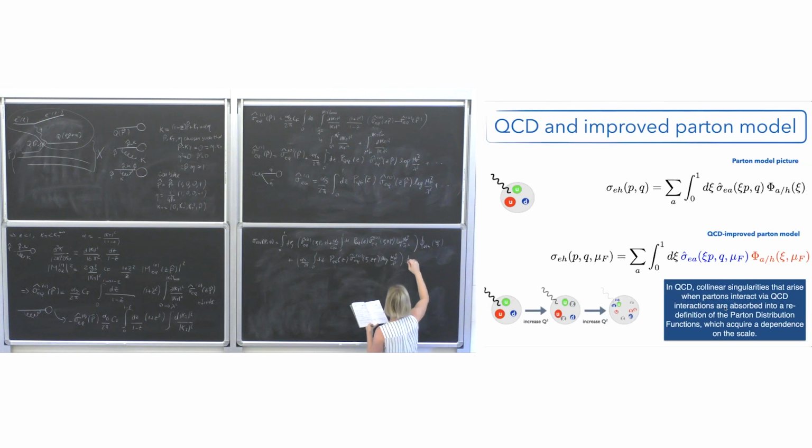And here I have phi_g H of xi. Okay, so when I put this thing back, what is the trick? Plus, remember, we have all the finite terms that we have discarded. Okay, so what is the dirty trick that I'm doing now?